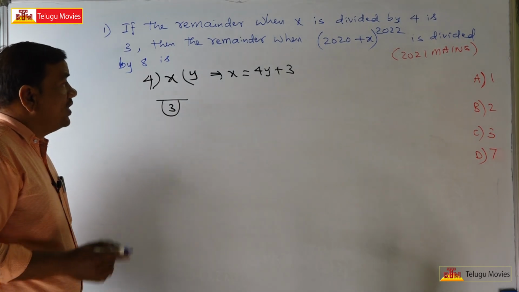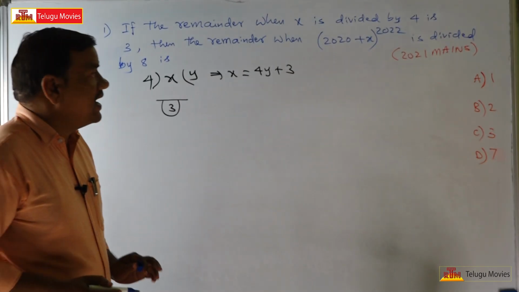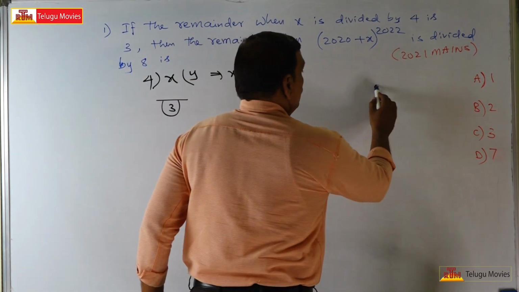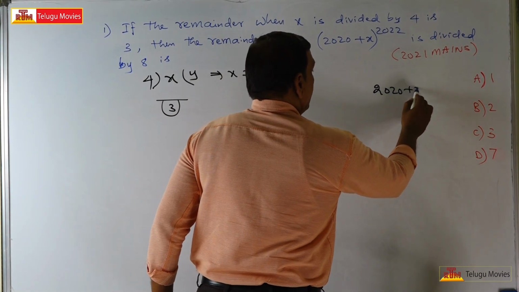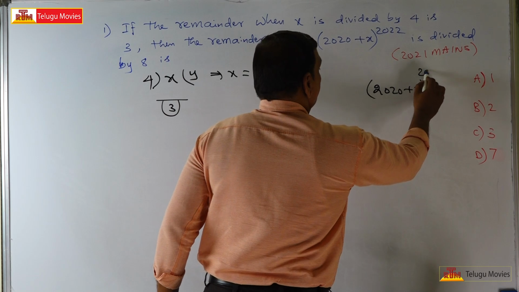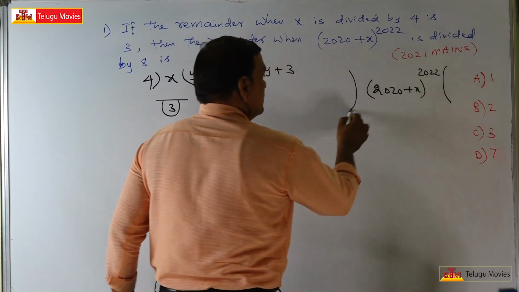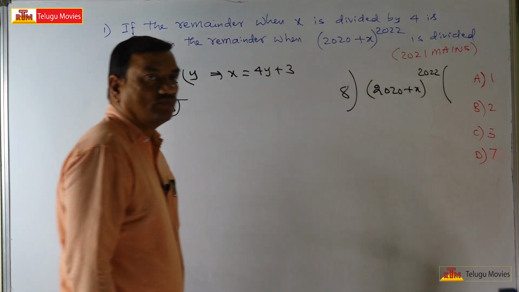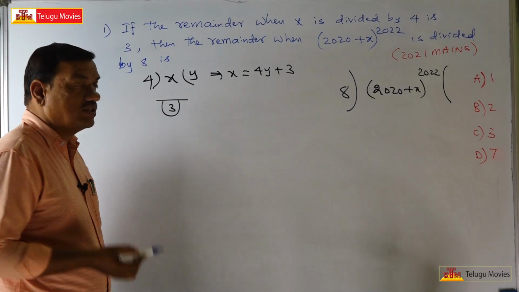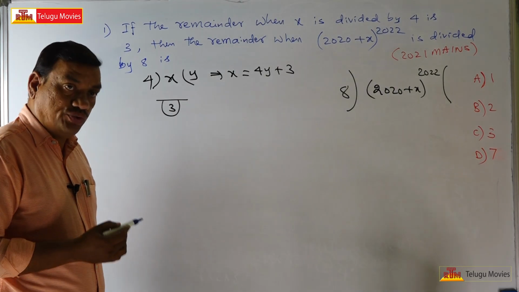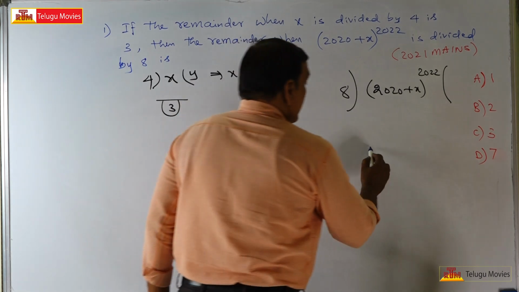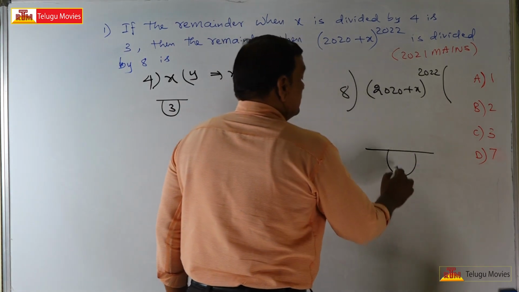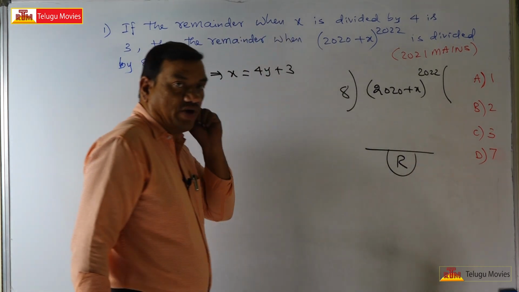Now, we have to find out the remainder when (2020 plus x) whole to the power of 2022 is divided by 8. This remainder we have to find out.